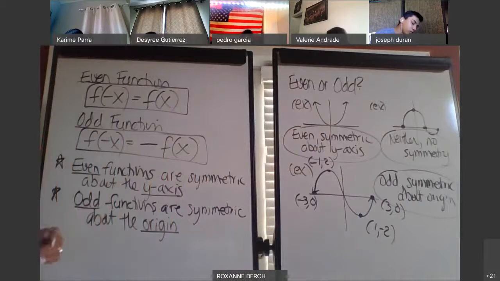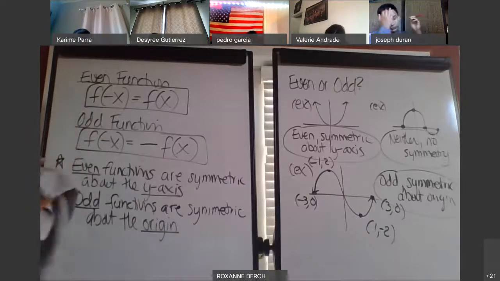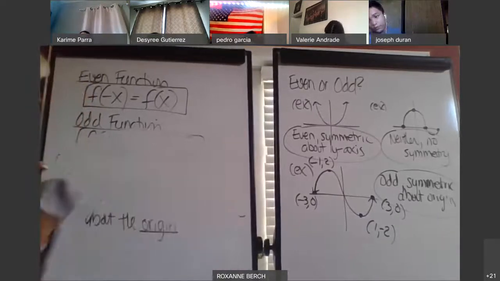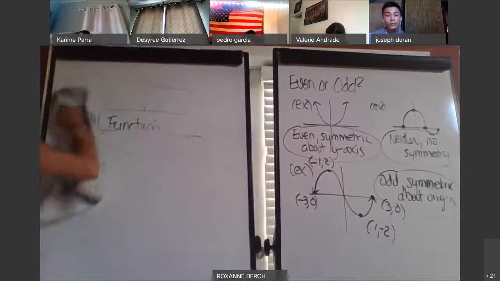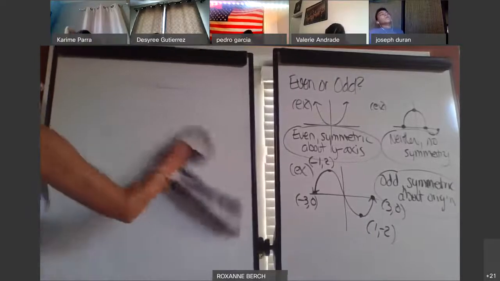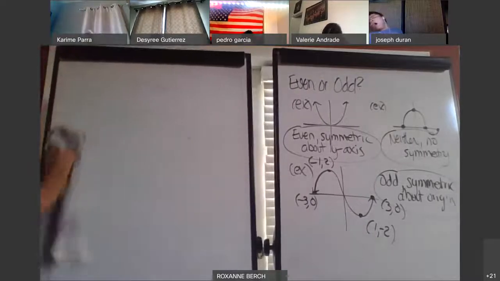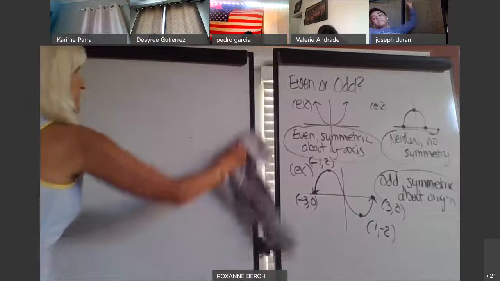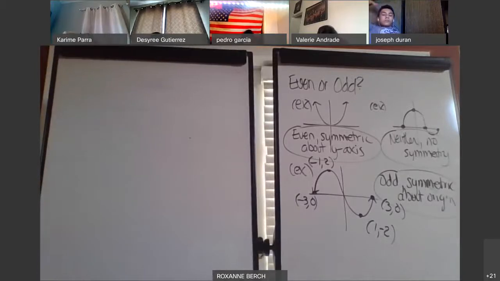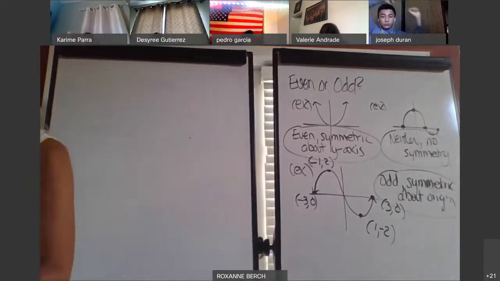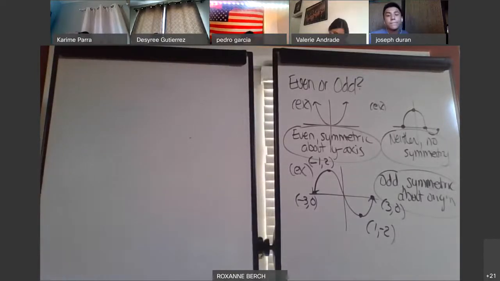Okay, now those are easy because you could just look at the graphs. What if they don't give you a graph? So if they give you a function, we want to be able to test for the symmetry. So symmetry sometimes helps us with graphing, especially more complicated problems.